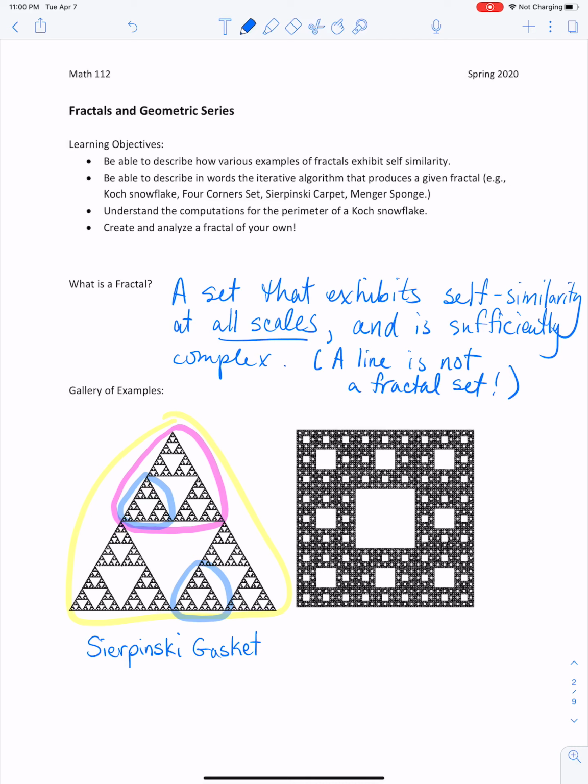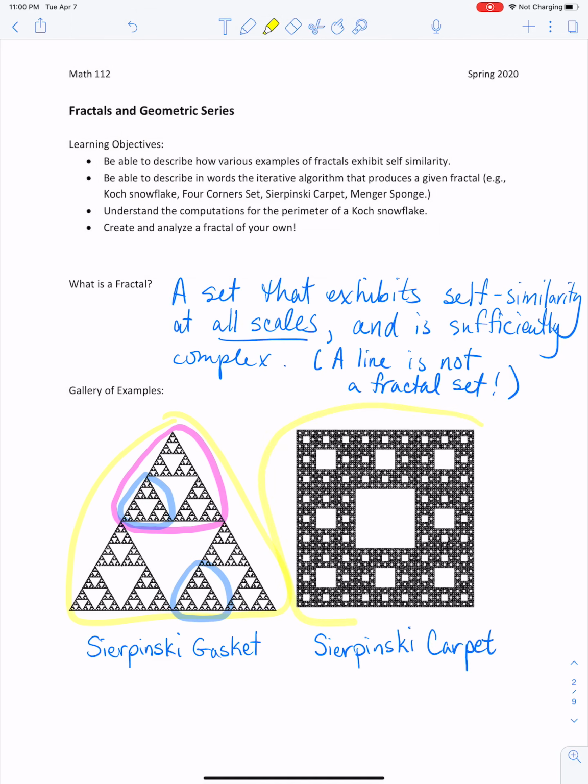So this next fractal here is the Sierpinski carpet. Sierpinski was a mathematician that first constructed a lot of these fractals. And you can see some of the similarities here.